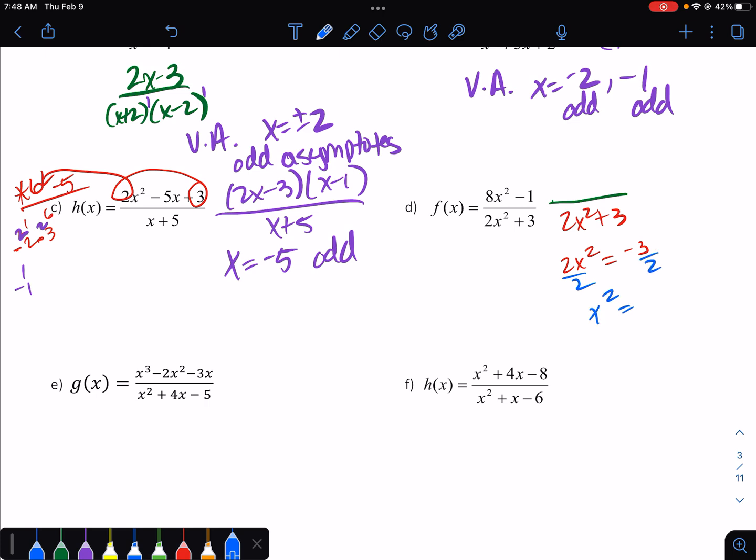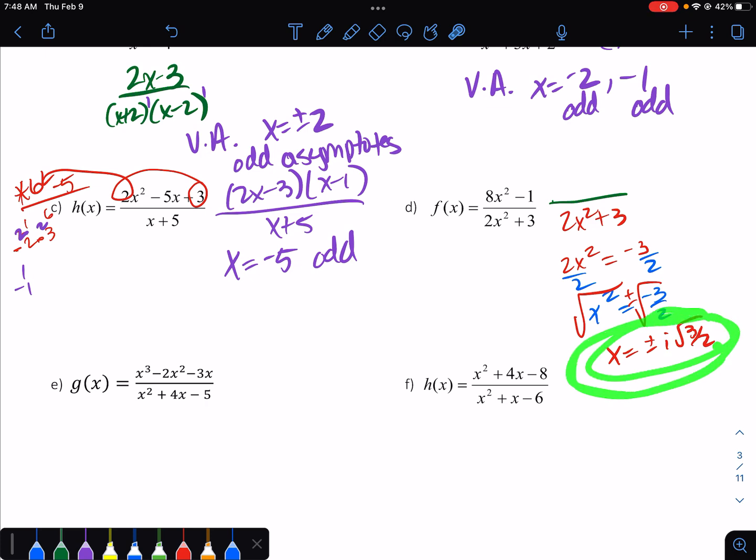So x squared equals negative 3 halves, so I'm going to take the square root, plus or minus, so x equals plus or minus i root 3 halves. We could rationalize this, I'm not going to worry about that. So this is imaginary, so that means that we don't have any vertical asymptotes on this because we got imaginary numbers. Okay?